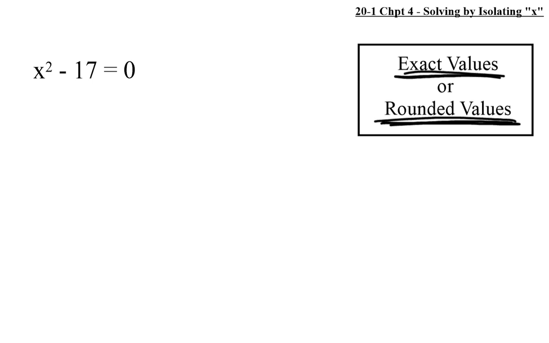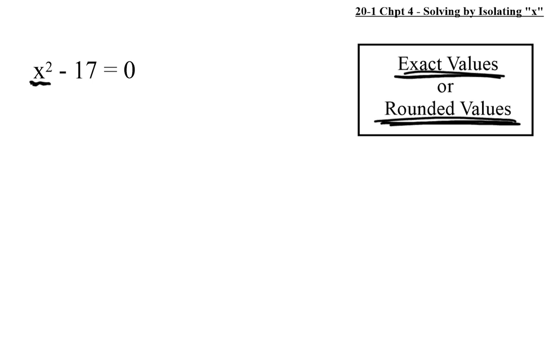If it asks for exact values, we've talked about it, you don't want a rounded decimal. If a question tells you to round to a certain place, then obviously a rounded answer is acceptable. But what we need to do is isolate the x through algebra.